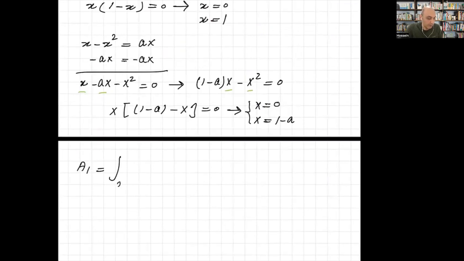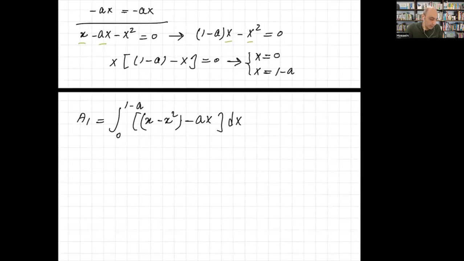So the integral from 0 to 1 minus a, and then y1 is the parabola x minus x squared, minus y2, the straight line, a times x. So I'm going to enclose that in a pair of brackets times dx.